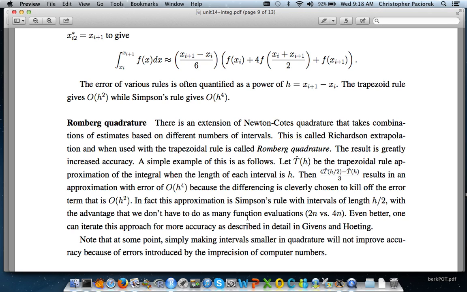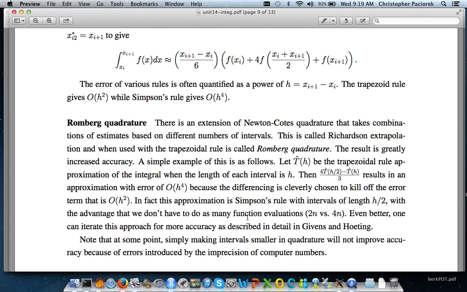So if you work through the details, this is basically giving a Simpson's rule with intervals of h over 2. But if you also work through what are the exact function evaluations I need to do in this calculation, what you'll see is that it only takes 2n evaluations, where n is the number of intervals.